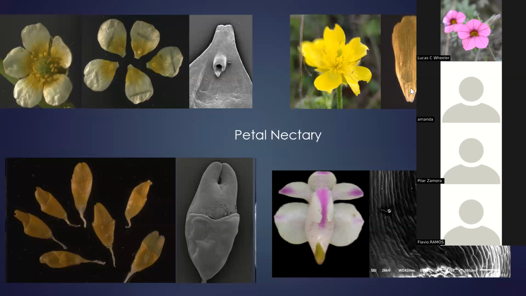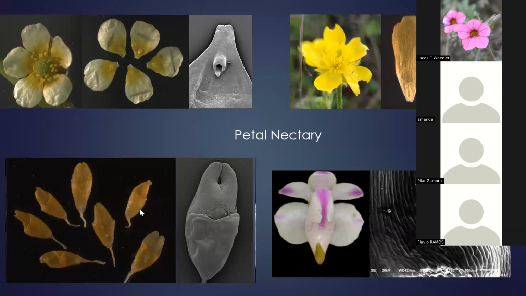It's not tubular. This is also in one of the Ranunculaceae species, because most of the work that I'm presenting today is published, but there are few slides which are still not published. But just to give you a highlight of how it looks, I have put these pictures into this presentation.